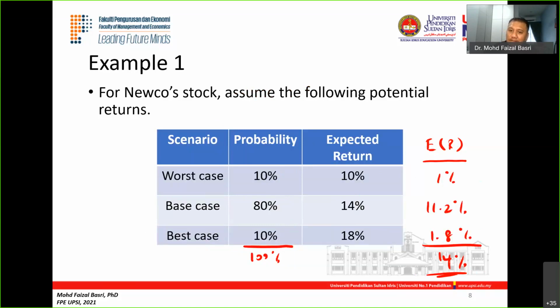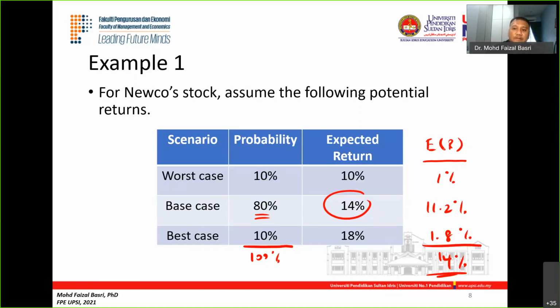Coincidentally, the ER is equivalent to the one in the base case. Not necessarily all the time must ER be in the middle, but for this question, coincidentally, it's 14%, most likely because of the higher weightage of 80% here, which gives quite a dominant figure.